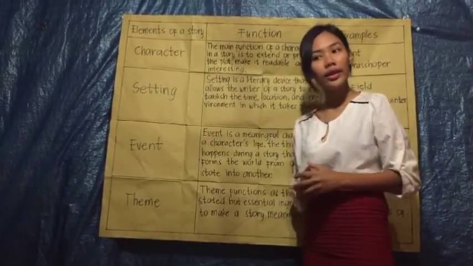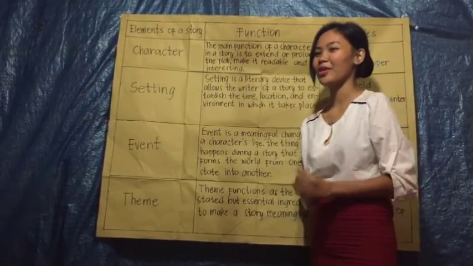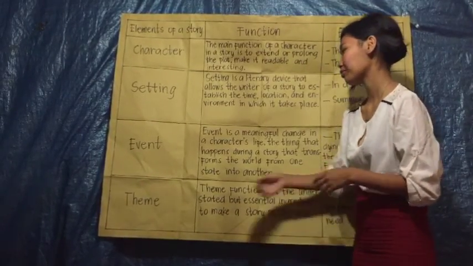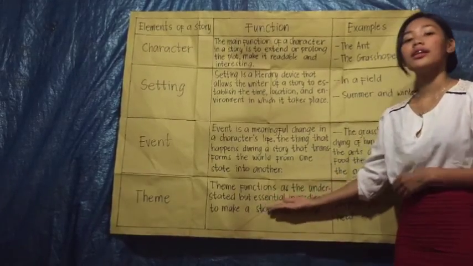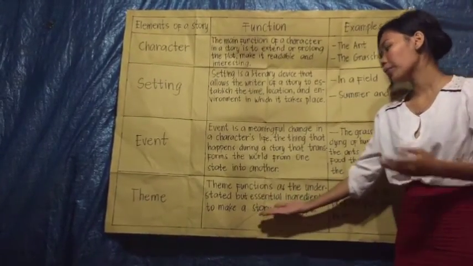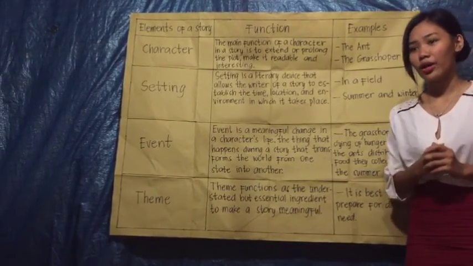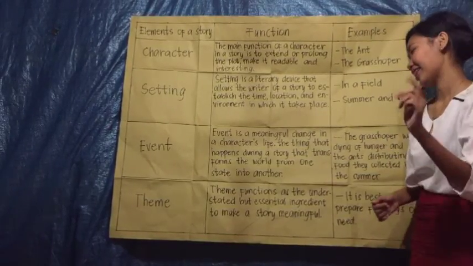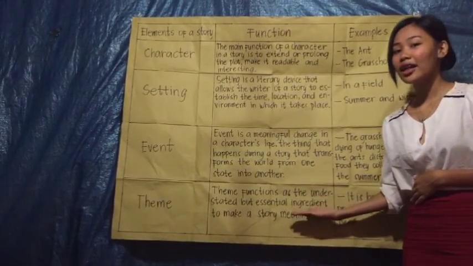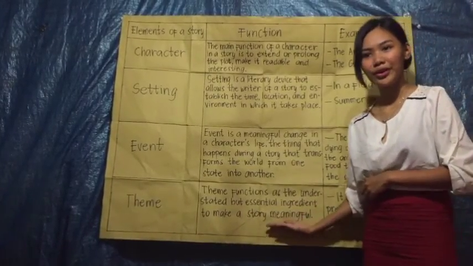The fourth element of the story is the theme. Again, what is the fourth element of the story? Theme. Very good, you are listening. Theme functions as the understated but essential ingredient to make a story meaningful.